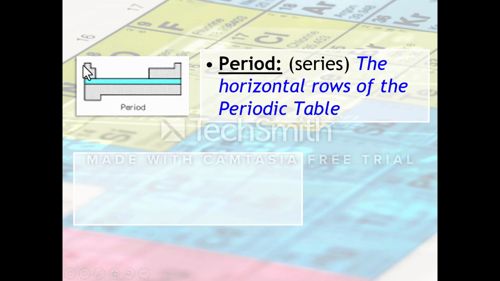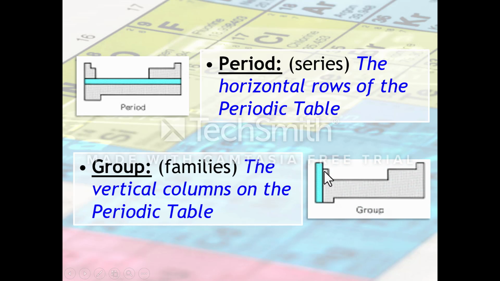If you look at your periodic table, you'll see numbers along the left-hand side, and those would be the number of periods. And then alternatively, we have groups, which are the up and down columns, vertical columns on the periodic table. And these are numbered 1 through 18 across.